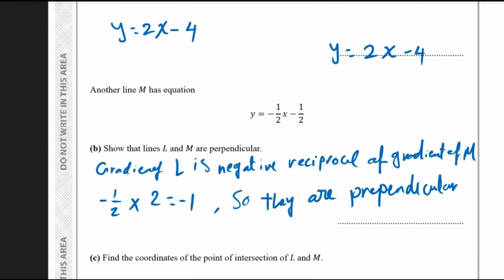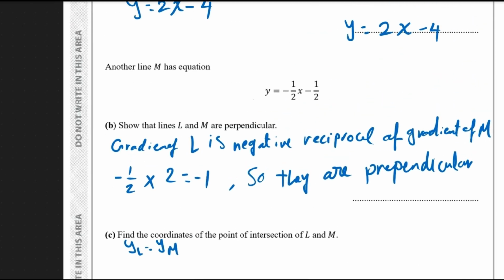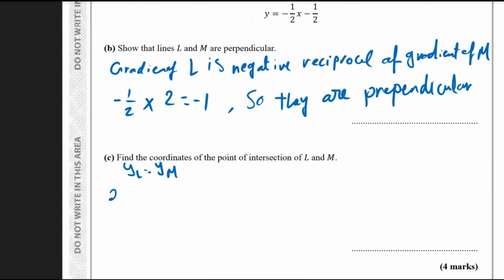L here, y equals 2x take away 4. So y L equals y M at this point, and y L equals 2x take away 4. So 2x take away 4 equals the equation of M, which is minus half.